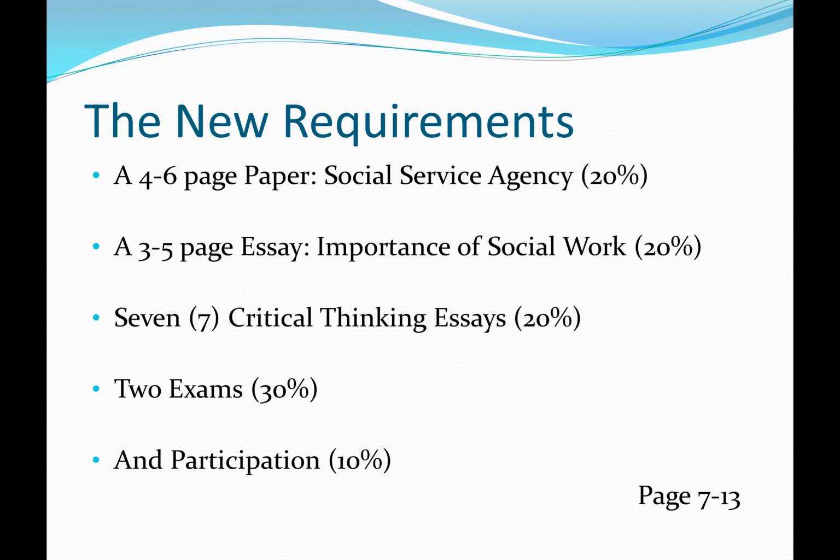One of the things I did is change your final paper, the paper you were going to do on your volunteer experience. I'm changing that to a 4 to 6 page paper about a social service agency, and I'll talk more in depth about that. Then I want you to do a 3 to 5 page essay on the importance of social work, and I'll get into details on that.